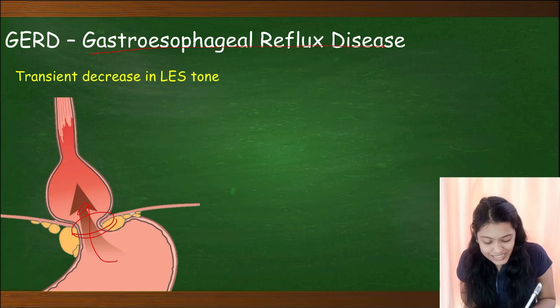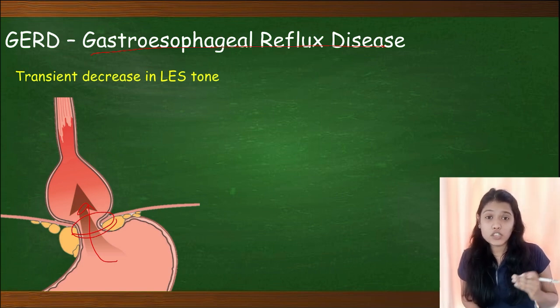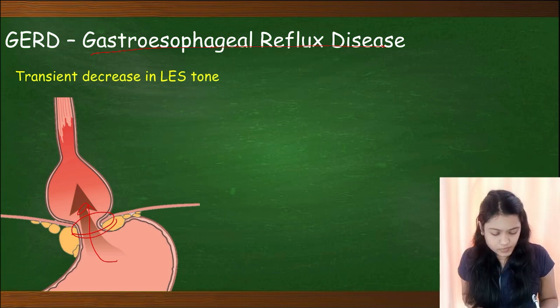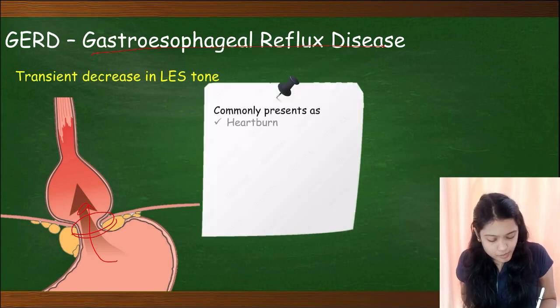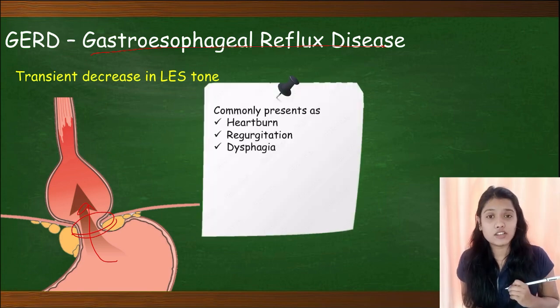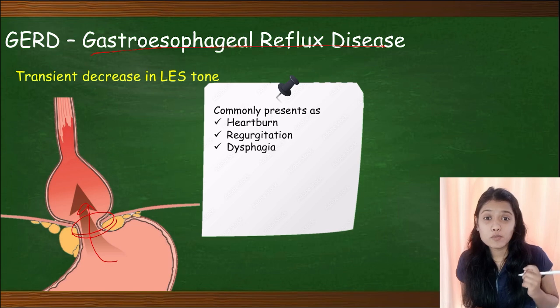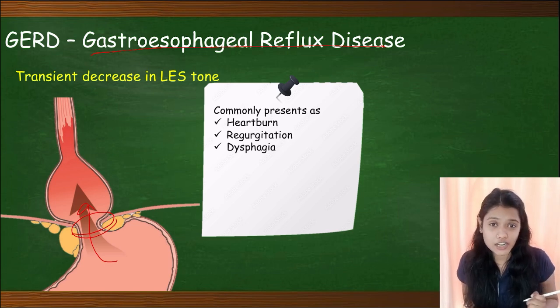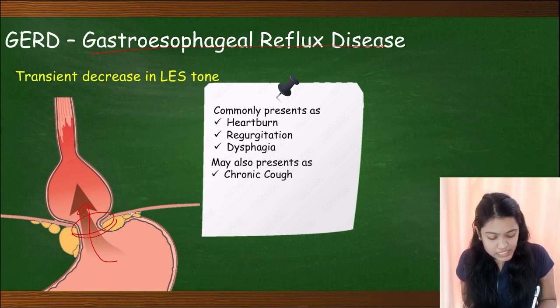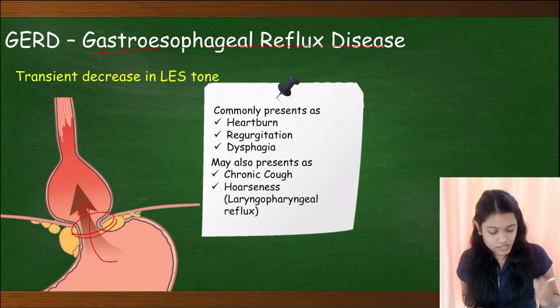There is a transient decrease in lower esophageal tone. It commonly presents as heartburn, regurgitation, and dysphagia. Heartburn is one of the most common manifestations of GERD, and it may also present as chronic cough and hoarseness.